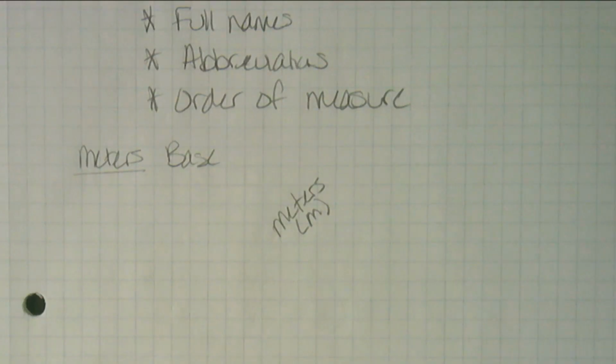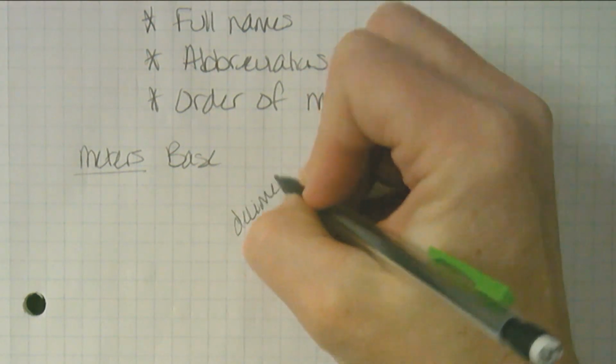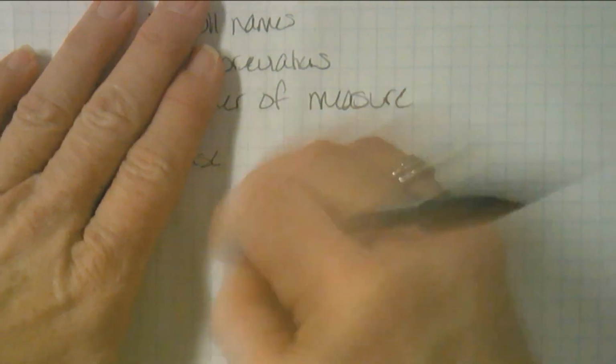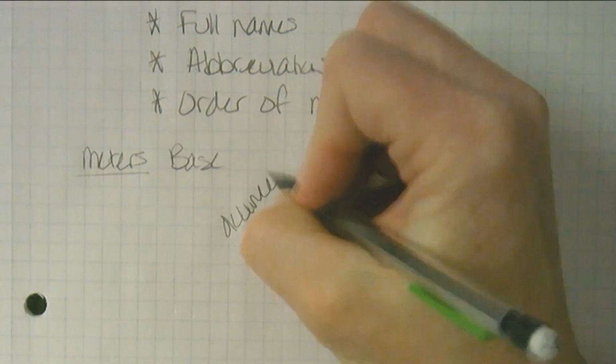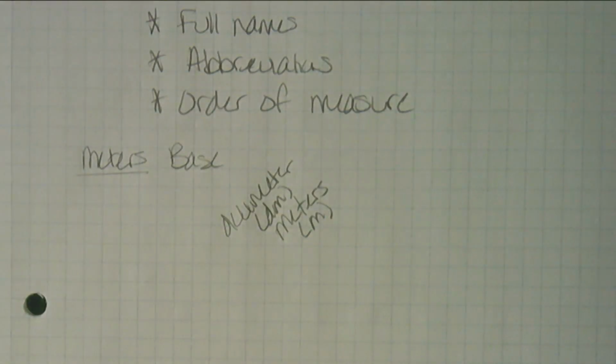Look at your diagram. Don't try and do it from memory. Make sure it's right. Frankie? It's a decimeter. D-E-C-I-M-E-T-E-R. What is the abbreviation for a decimeter, Frankie? DM. So decimeter, that's DM.